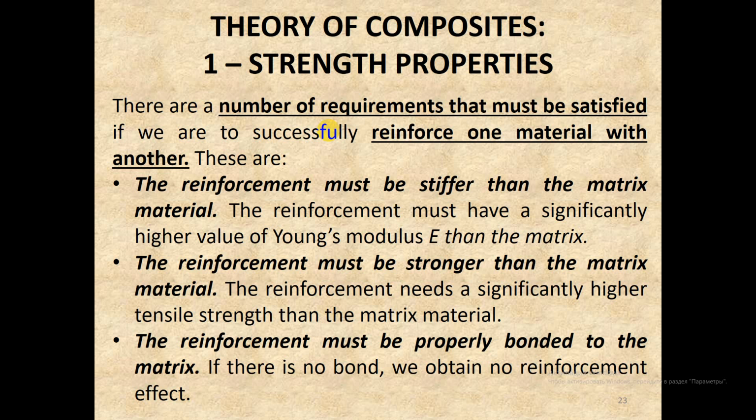The reinforcement must have a significantly higher value of Young's modulus than the matrix. The reinforcement must be stronger than the matrix material. The reinforcement needs a significantly higher tensile strength than the matrix material.